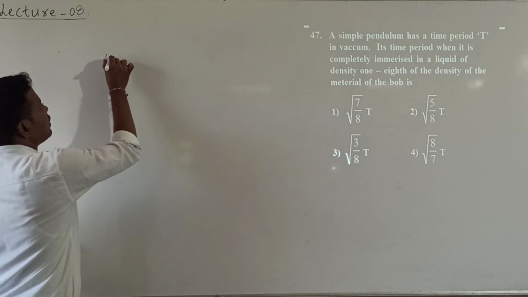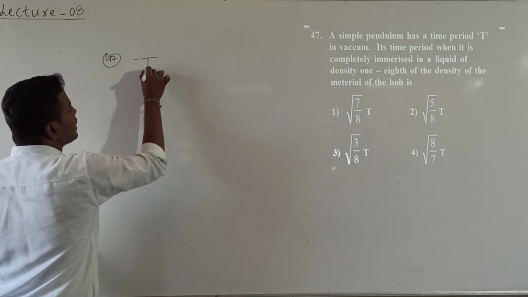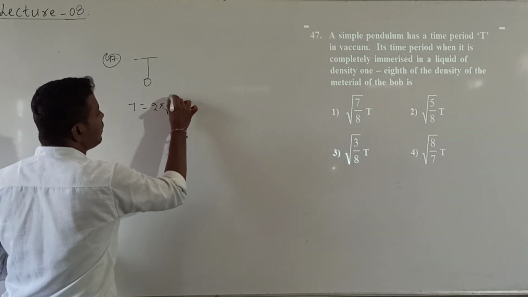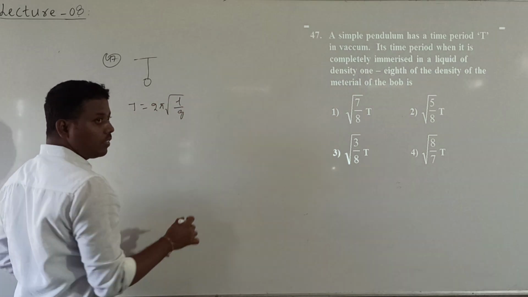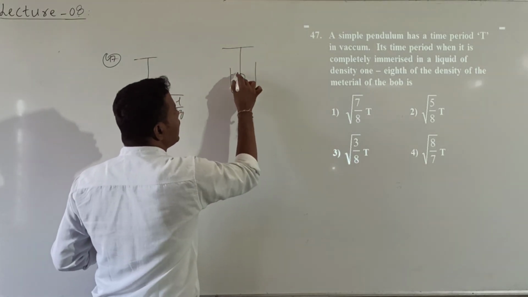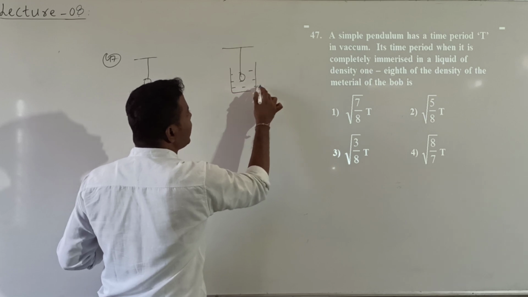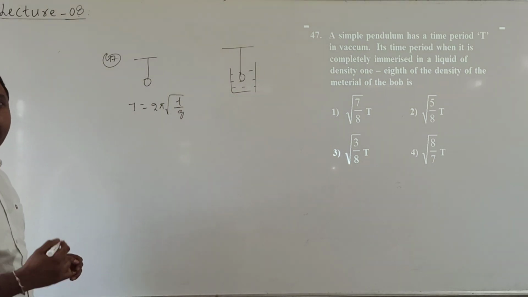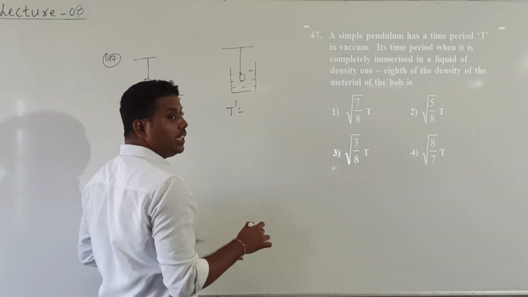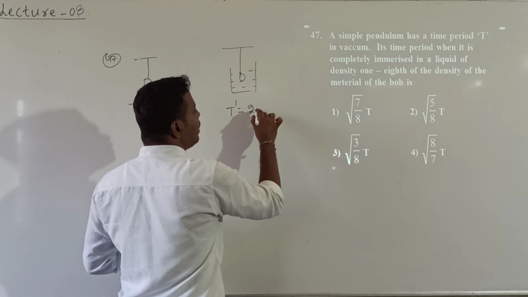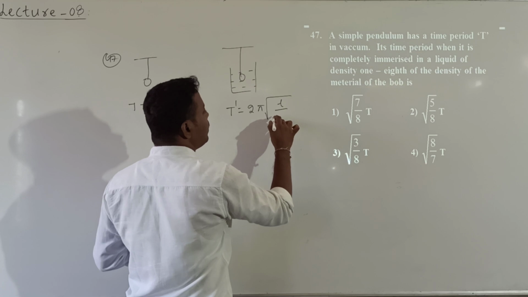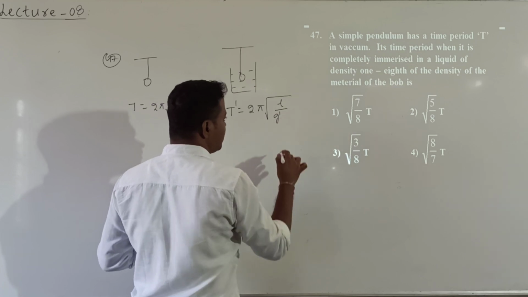So actually what is the formula? Whenever the bob is suspended in air, the time period formula is 2 pi into root over L divided by g. When the bob is immersed in a liquid completely, what happens? Its weight value changes. Due to the change in weight, the time period also changes. The new time period is given by 2 pi into root over L divided by g dash.